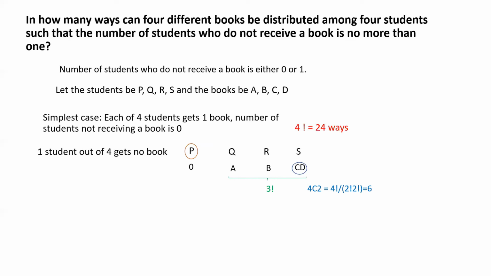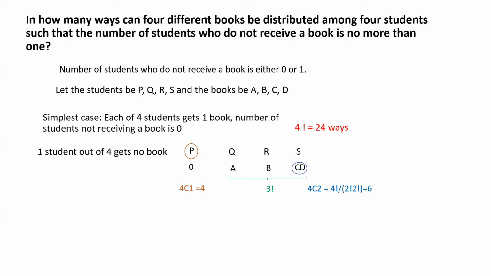That being taken into account, now we have to focus our attention on the person P who receives no book. In this example, we have chosen the person as P, but the person who receives no book could be any one out of those 4 students.